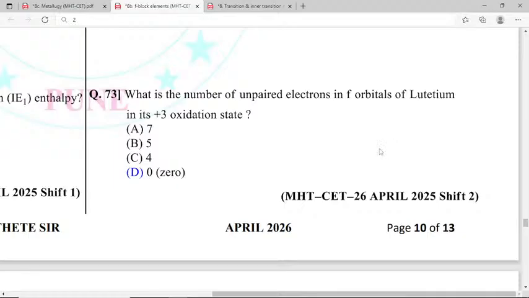What is the number of unpaired electrons in lutetium plus 3 oxidation state? Again, lutetium plus 3 is 4f14, so it has 0 unpaired electrons. All electrons are paired.